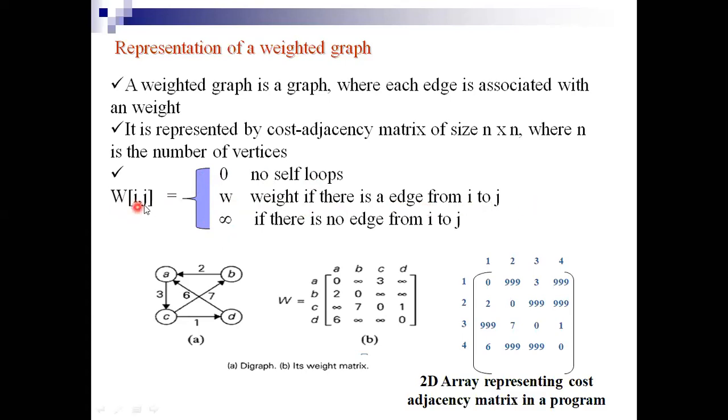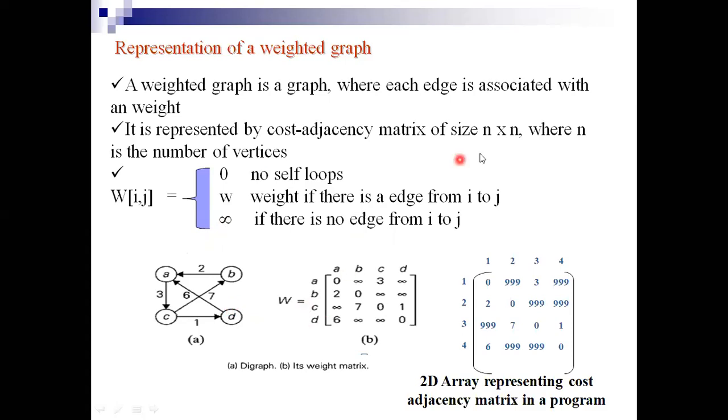So if there is an edge from i to j, I write the weight associated with the edge i comma j. And if there is no edge from i to j, I write infinity. As an example, if I take this as my weighted graph, the respective representation goes like this.